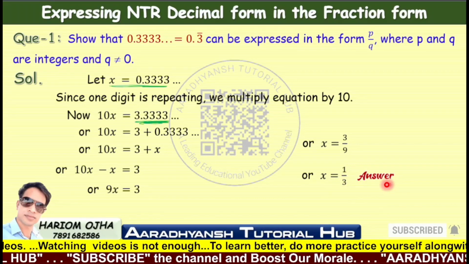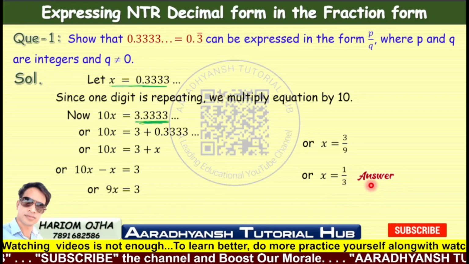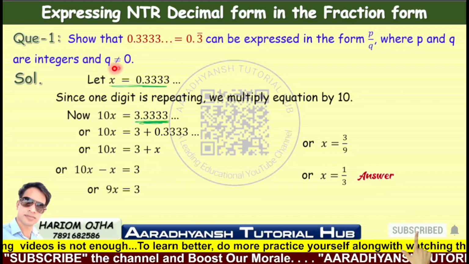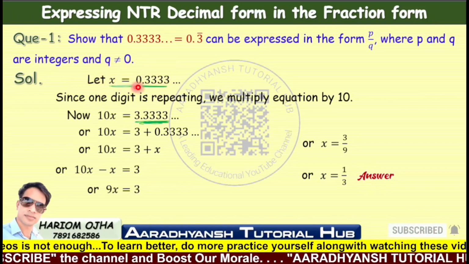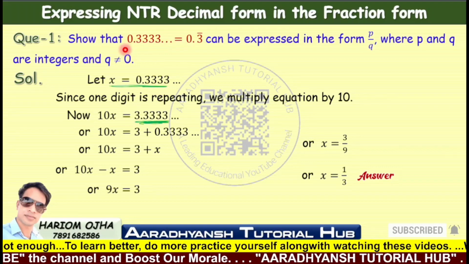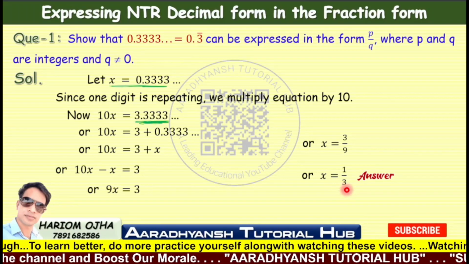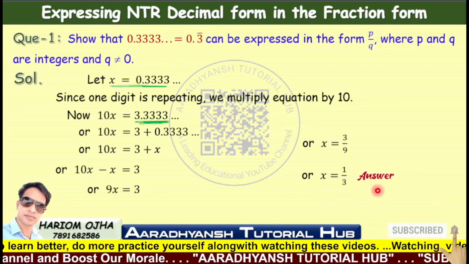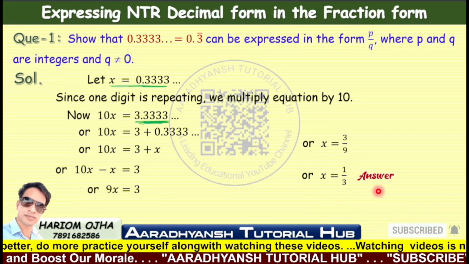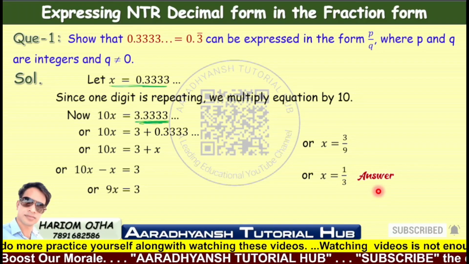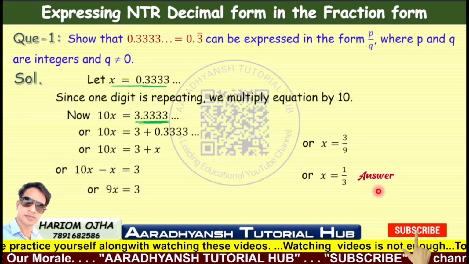So this is our answer. We can easily represent x, that is this entire decimal form, in fraction form, that is 1 upon 3. Okay students, I hope you can easily understand this process.